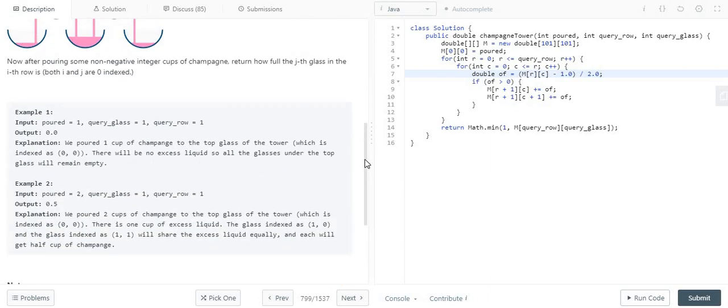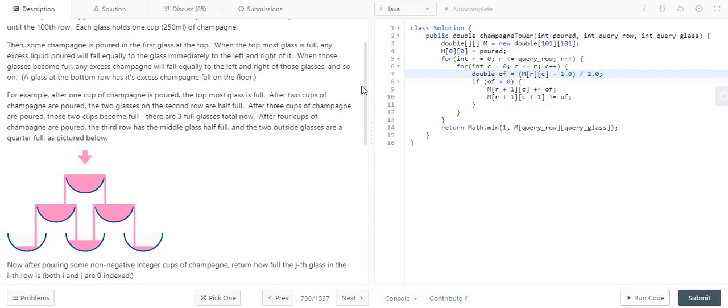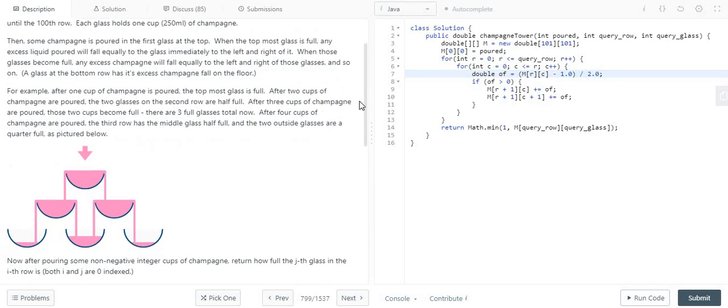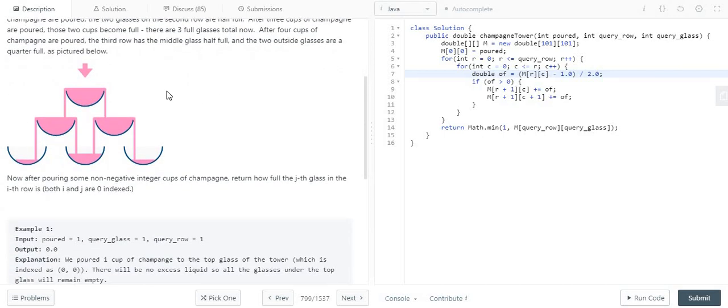Both are inclusive. So here what we have to do is, if you take a look at this diagram, let's say initially you pour a single glass of water, so this first glass will be filled up.